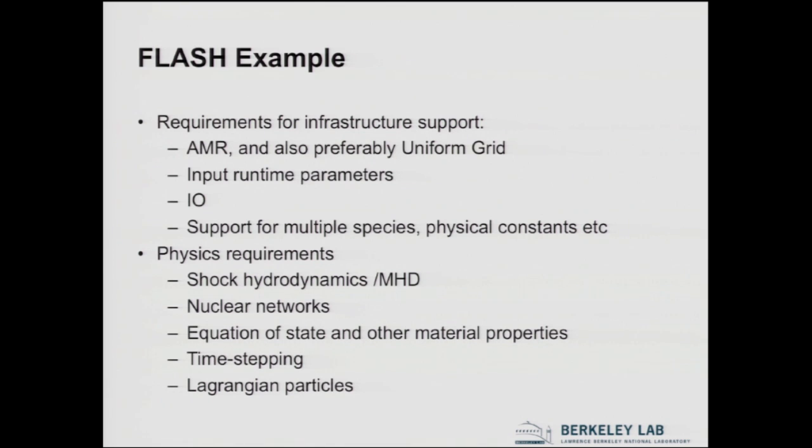But we also wanted to support a uniform grid, because when you're trying to test complicated physics with the whole complexity of AMR, you don't know where is it that your problem's coming from. Whereas if you can actually test out your physics with just a uniform grid, that separates the complexity of your testing a little bit. So we wanted to have AMR and uniform grid, which you could pick between at configuration time so that you can run your test with uniform grid first before you turn on the full complexity of AMR.